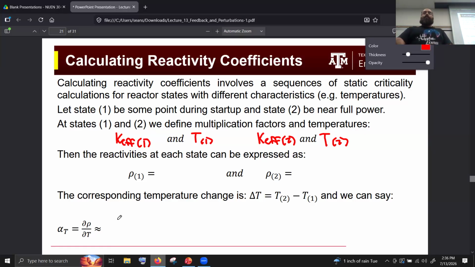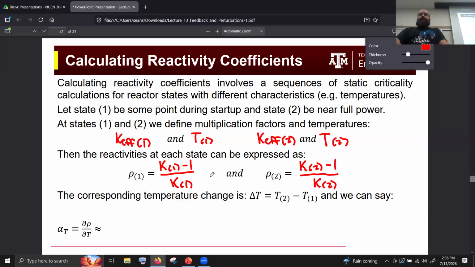And then we already know that reactivity can be written in terms of K effective. The reactivity in state one is going to be K at state one minus one over the K at state one. And then the reactivity at state two would be the K at state two minus one over the K at state two.